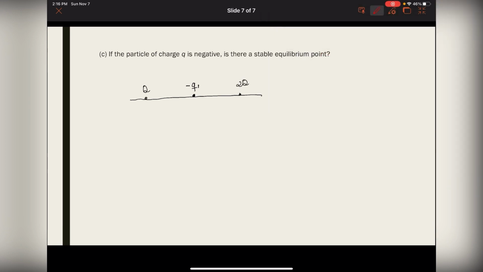Same concept: we have to see the forces acting on each of the charges in the system. Let's start with the negative Q prime. Negative Q prime and the 2Q will attract each other, and I will call this force F1.